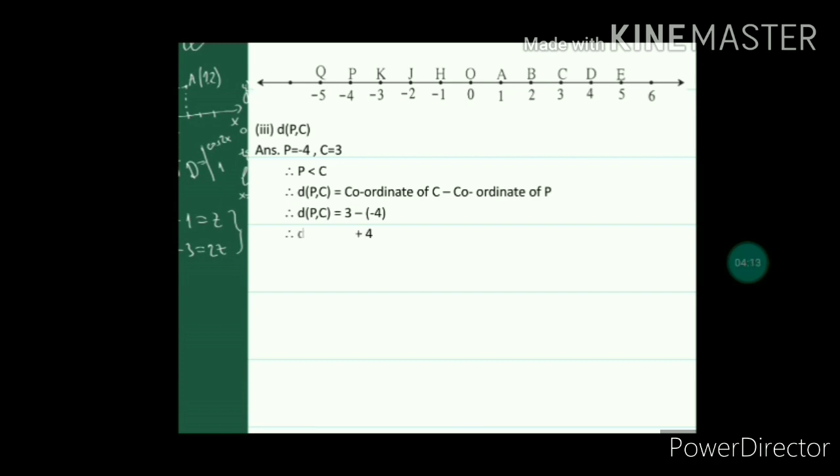Therefore, distance of PC is equal to 3 minus minus, plus 4, which is 3 plus 4 is equal to 7.